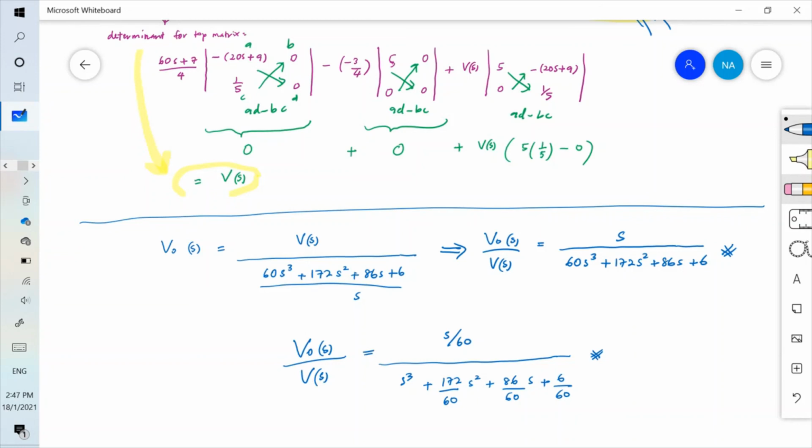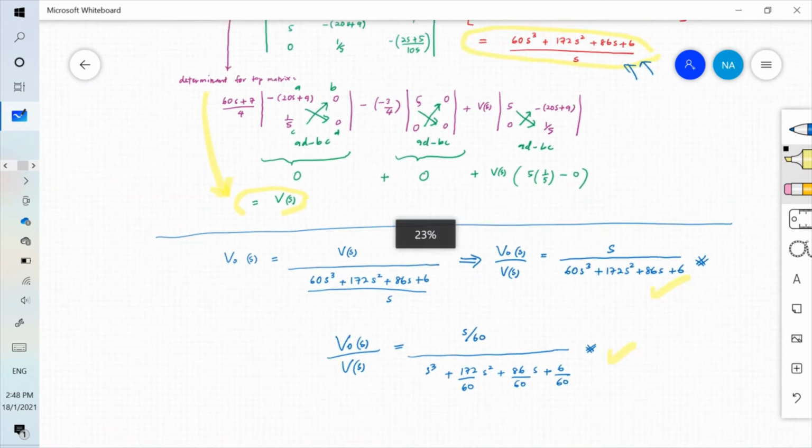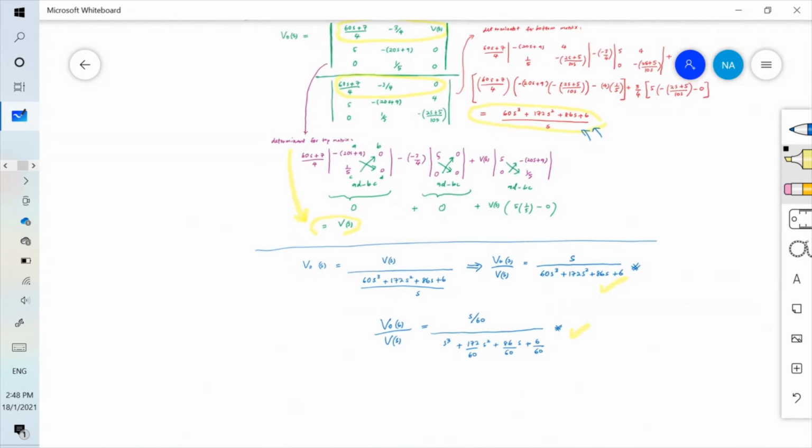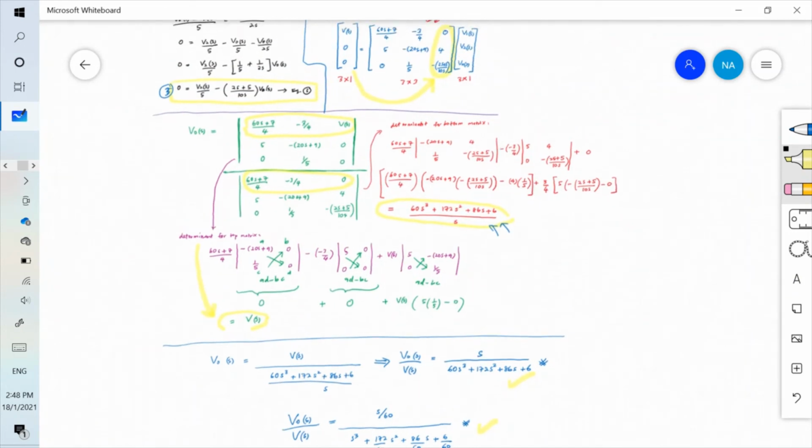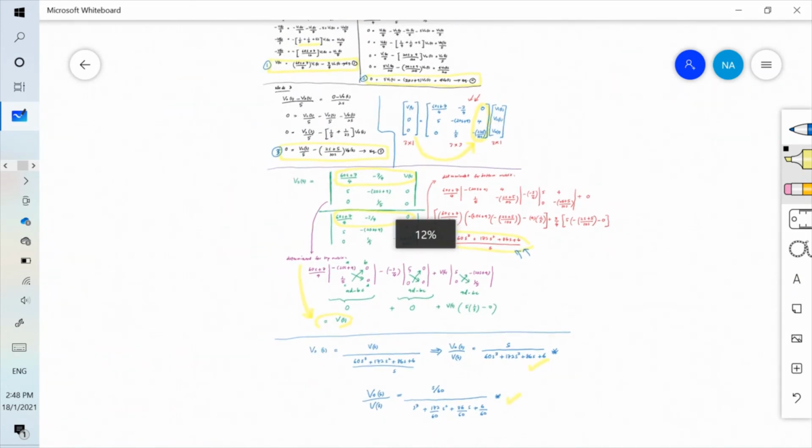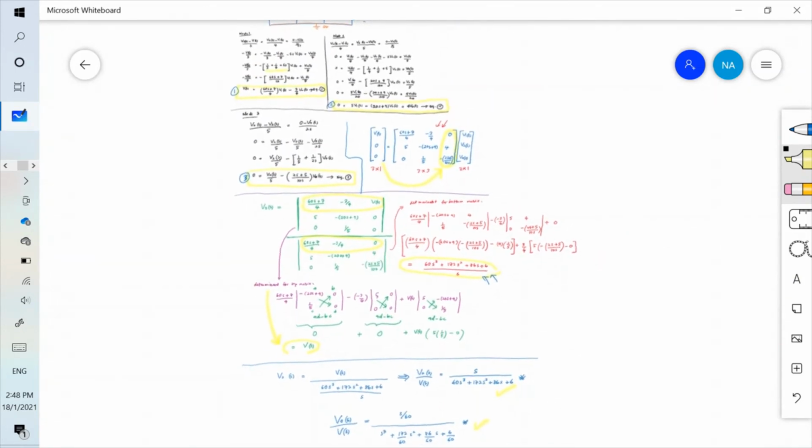So your final answer can also be V naught S over Vs equals S over 60 over s cubed plus 172 over 60 s squared plus 86 over 60 s plus 6 over 60. Both answers are accepted. So this is the solution for a 3-loop RLC circuit using node analysis and Cramer's rule.